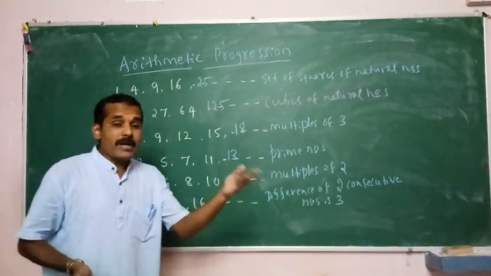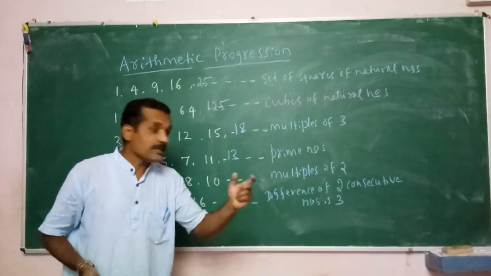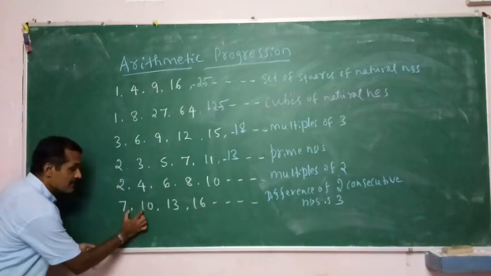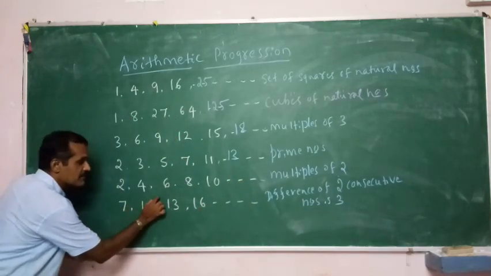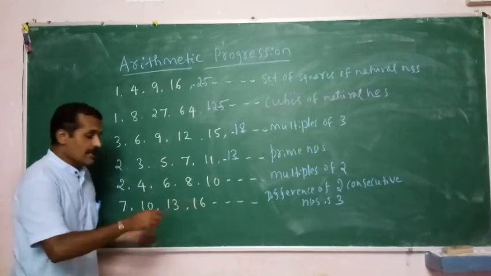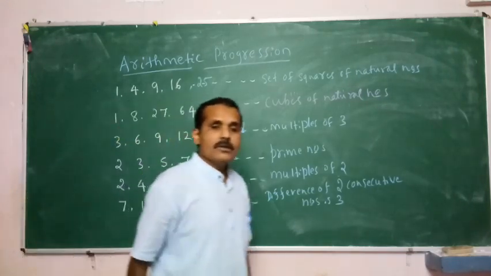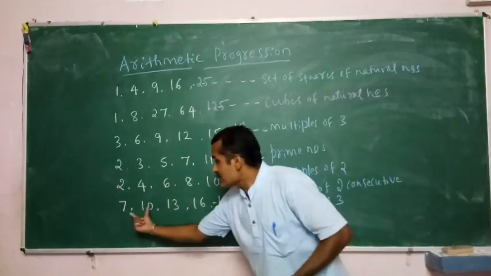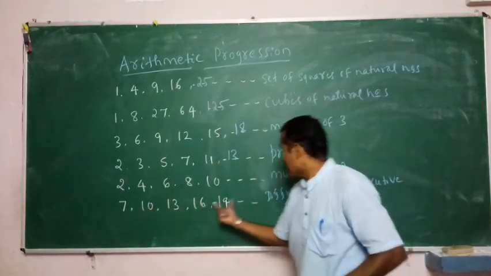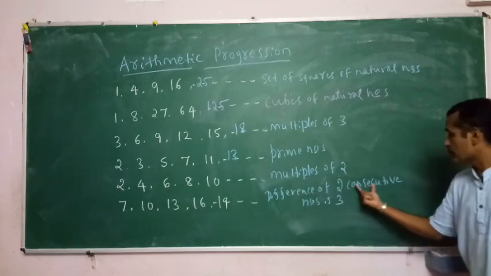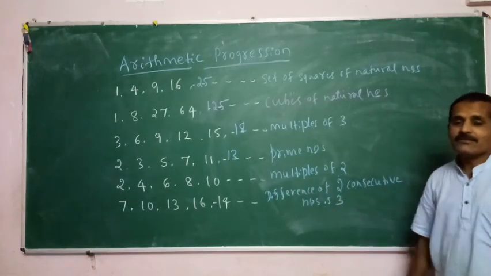See, they are not prime numbers, they are not even numbers, but here it is a constant difference. 7 plus 3 is 10, 10 plus 3 is 13, 13 plus 3 is 16. If I write next, it is 19. They have a fixed difference, and I can say the difference of two consecutive numbers is 3.